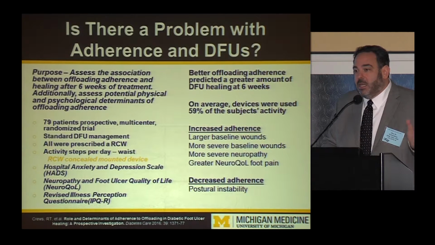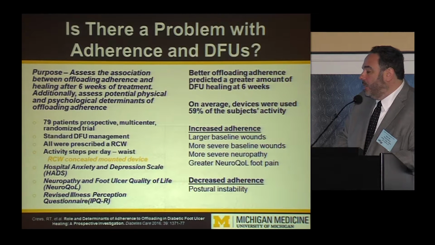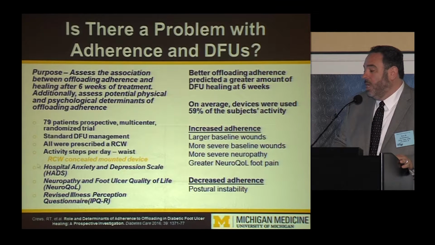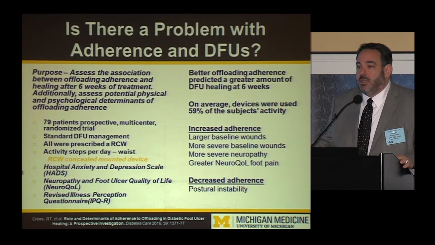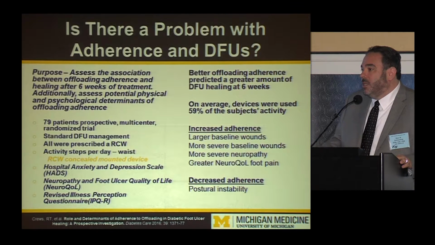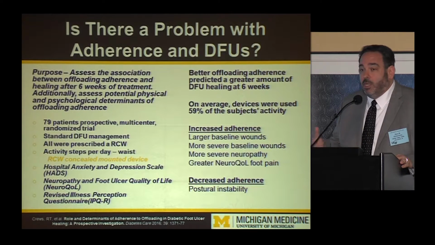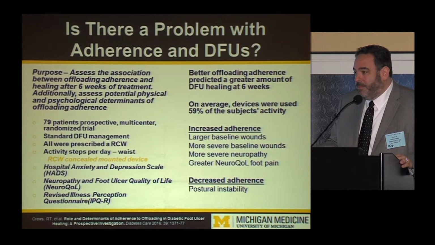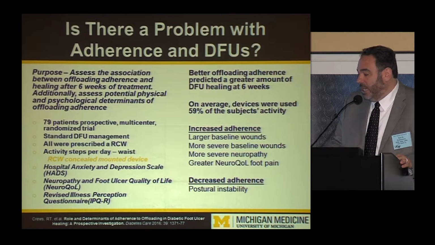So they did a little bit of a larger study, almost 80 patients. They found a little higher rate, 59% of the time they were using the removable cast walker. But interestingly, they found that the more adherent patients probably acknowledged the seriousness of their wound a little bit more. So they were larger wounds, more severe at baseline, in other words, in terms of depth, more significant types of wounds.